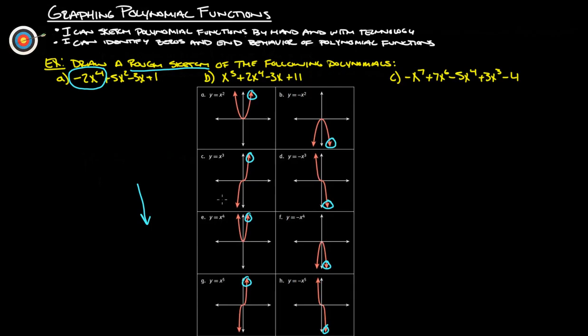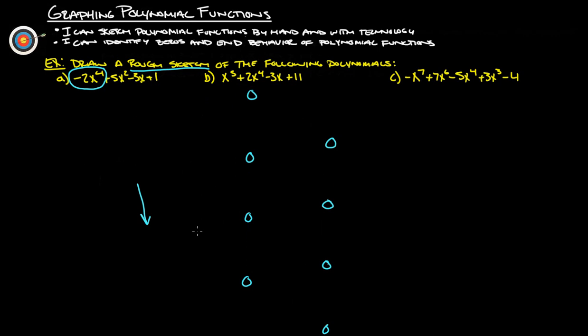Then what we'll want to do is we know that this thing ends up going down. Now, whatever power it is, if it's fourth power, take whatever power it is, 4, subtract 1 from that, we get 3.